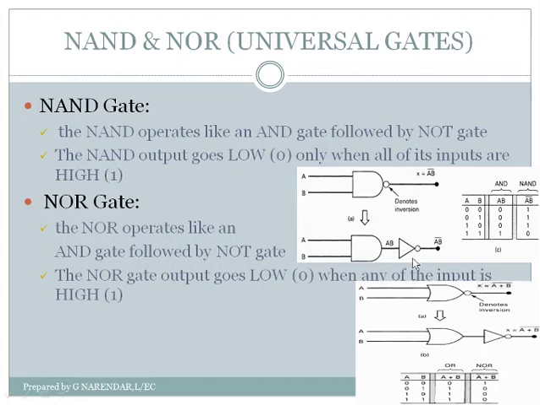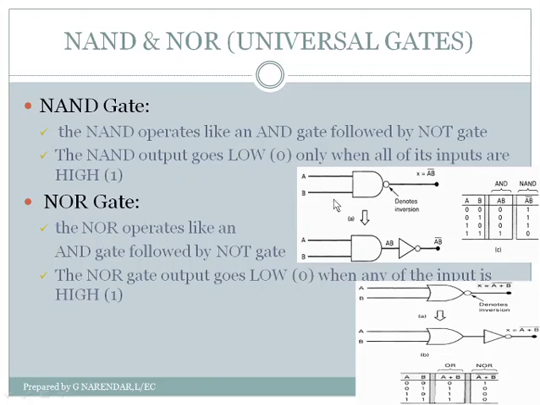The output of the NOT gate will be the complement of whatever input is given to it. So here the input for the NOT gate is AB, and the output of the NOT gate will be AB bar, or AB complement. This combined operation of AND followed by NOT is done by a single circuit, and that is called a NAND gate.